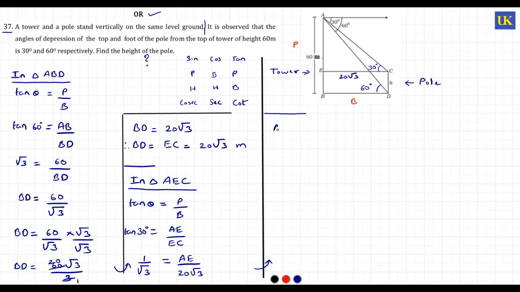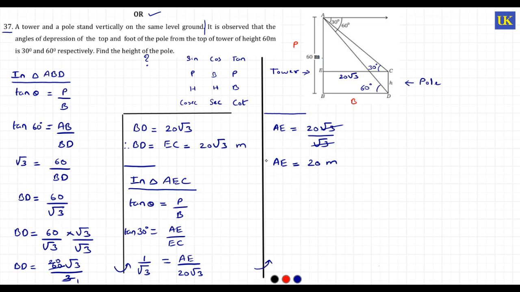So AE is equal to 20 root 3 into 1 divided by root 3. So root 3 and root 3 we can cancel. How much will remain for AE? It will remain 20 meter. So this is the measurement of AE.